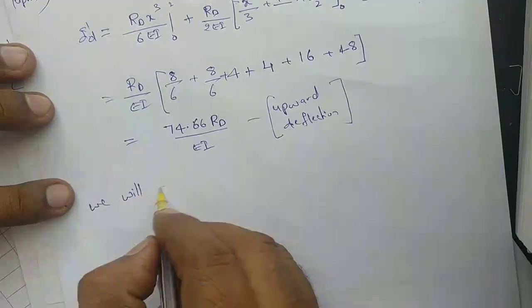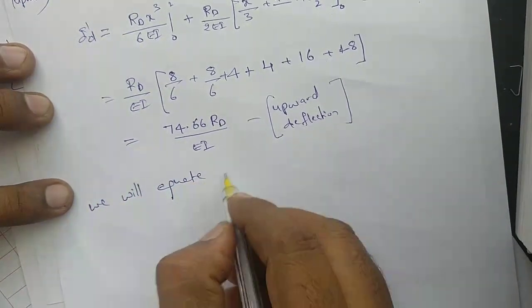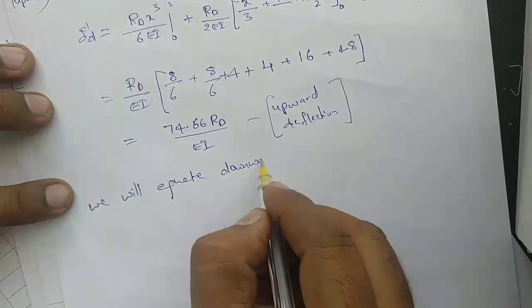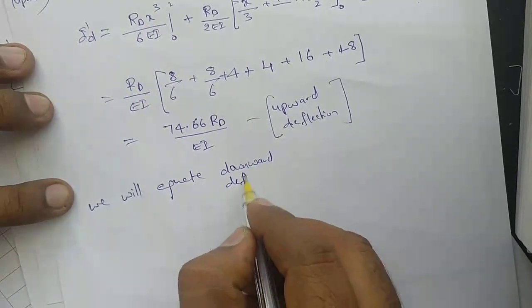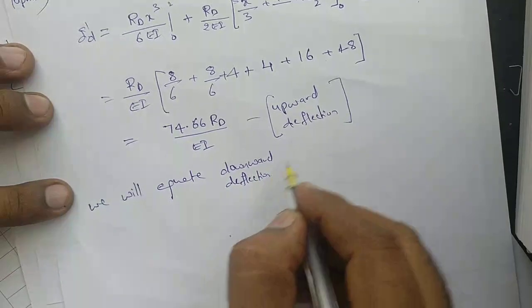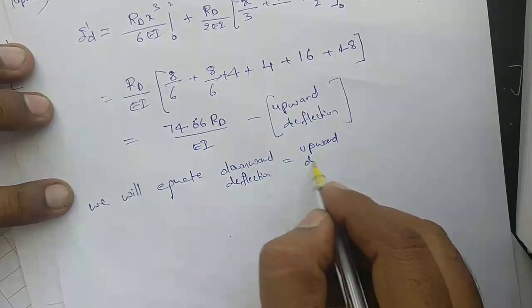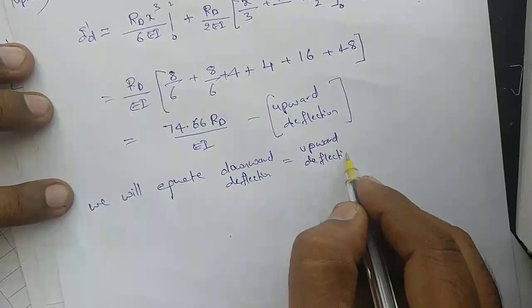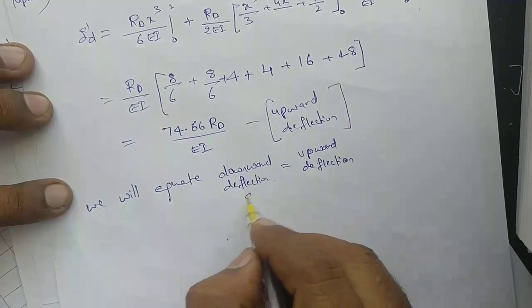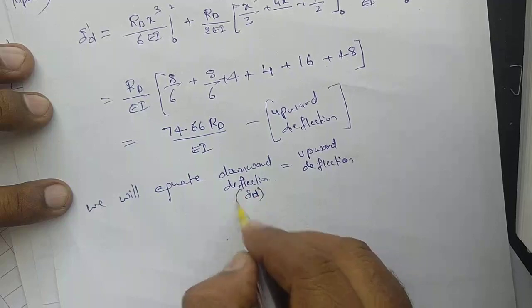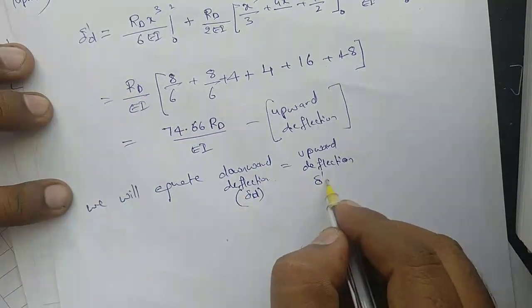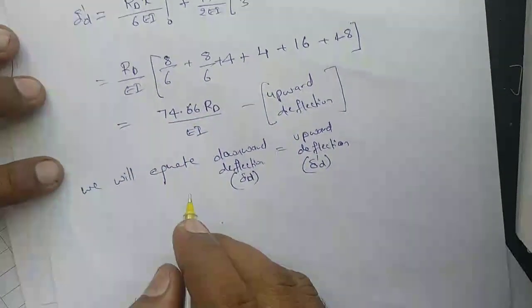Now we will equate downward deflection equal to upward deflection. That is delta D is equal to delta dash D. So what is delta D?